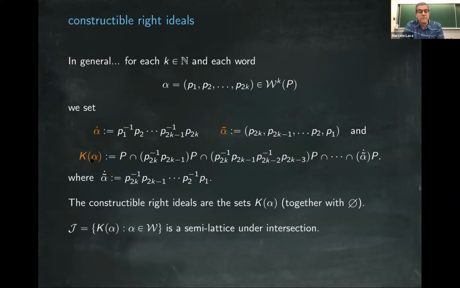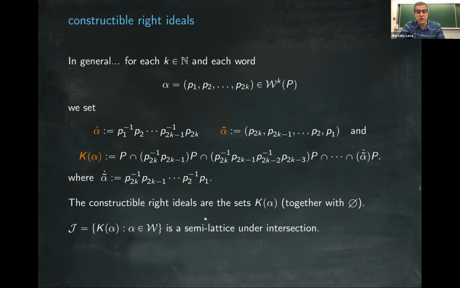And the set K alpha, which is a generalization of what we just saw before, you start with P, then you, starting from the end of the word, P2K inverse, P2K minus 1, P intersection, etc. So you run through the whole sequence of increasing multi-fractions until the last one, and the last one is just alpha tilde dot, which is the reverse left quotient.